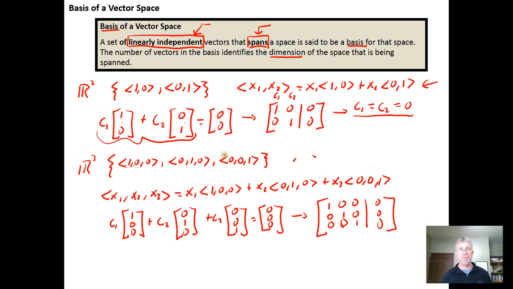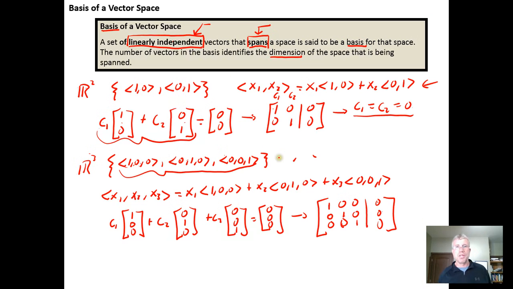Therefore, these three vectors are linearly independent in the vector space R3. And R3 is a three-dimensional vector space because it required three linearly independent vectors to span it, just like R2 is a two-dimensional vector space because it takes two linearly independent vectors to span it.